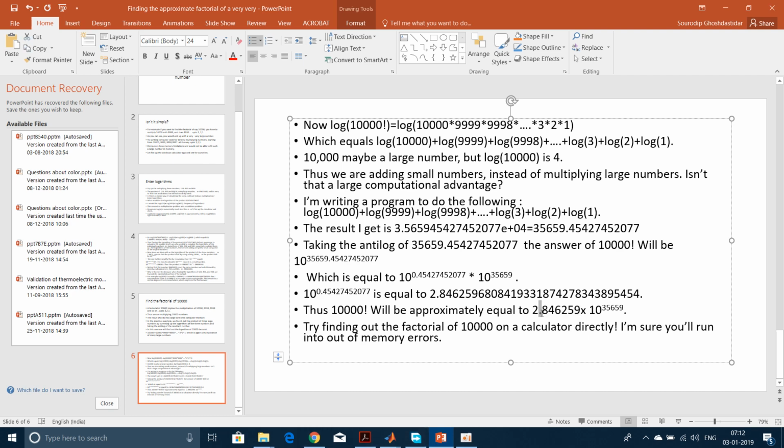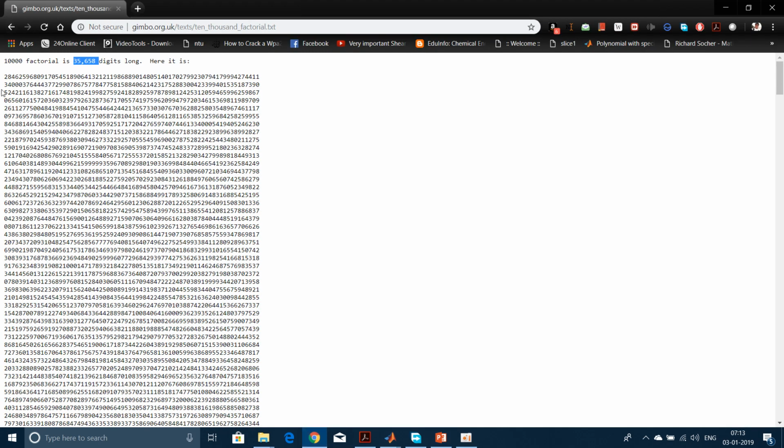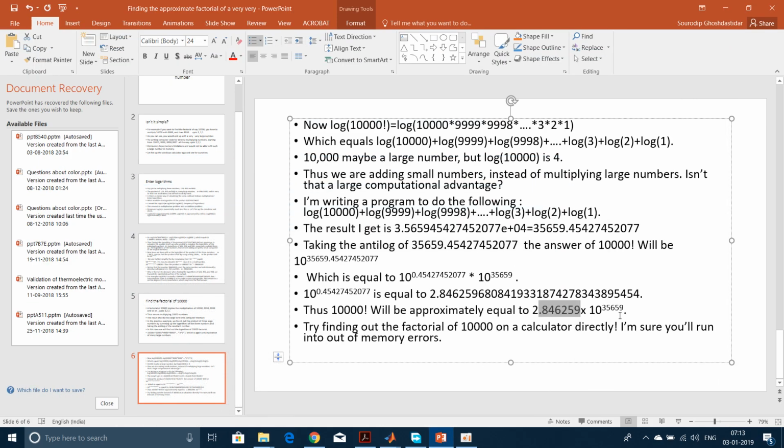Remember this, 2.846259. So see, 2.846259. At least the first 1, 2, 3, 4, 5, 6, 7 digits are correct in our calculation, and the exponent is correct as well.